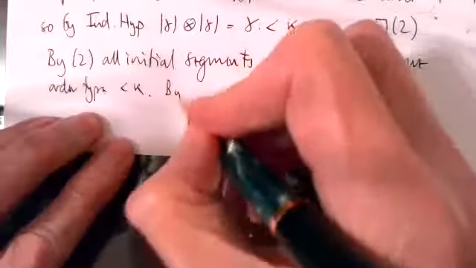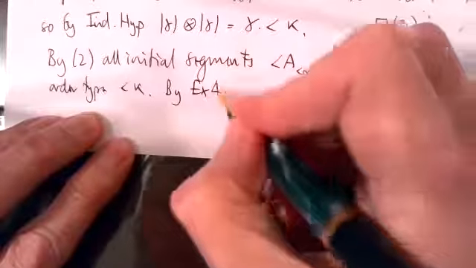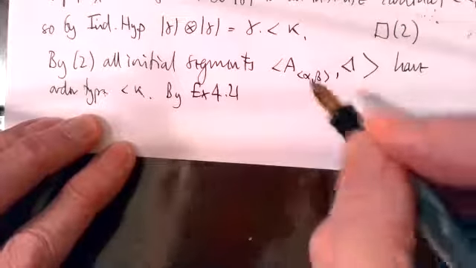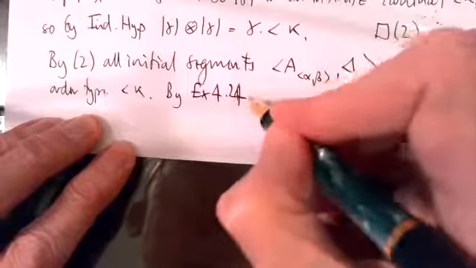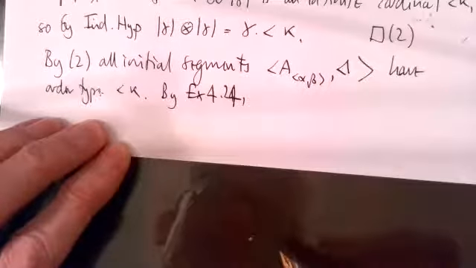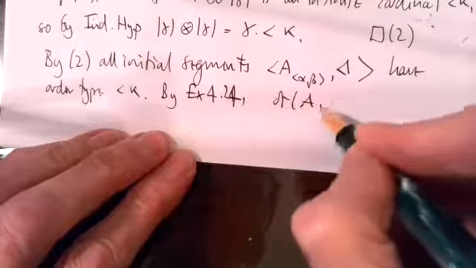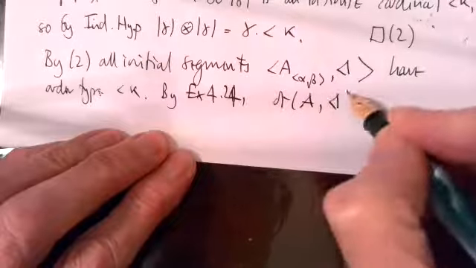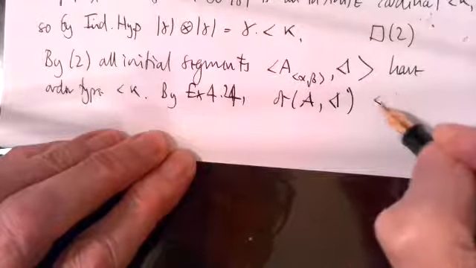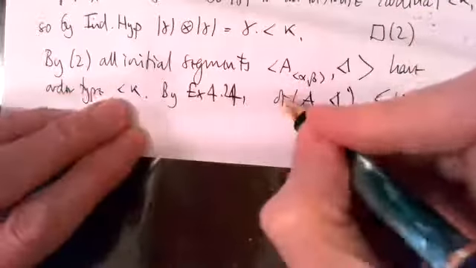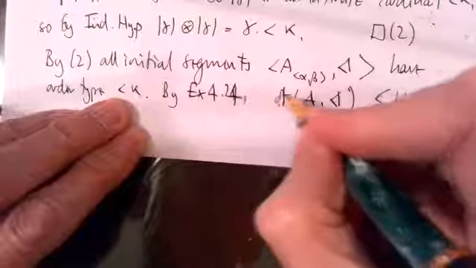So by the previous exercise, 424, the order type of the whole thing here is no greater than kappa. This is OT for order type. Is less than or equal to kappa.